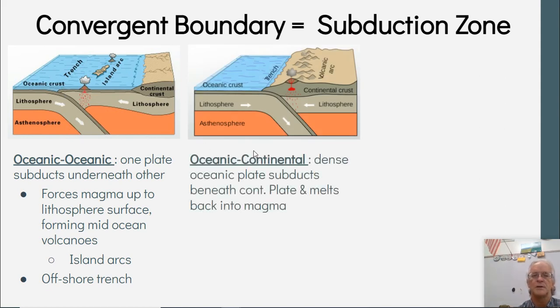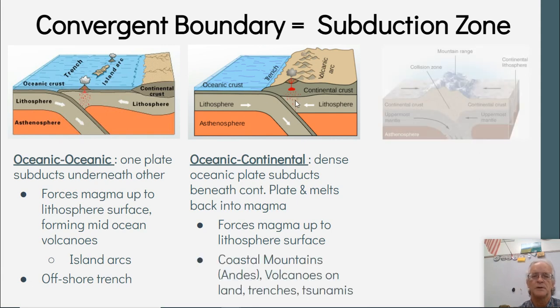An ocean-continental boundary is where it comes in, goes underneath, and melts when it gets back down there. It goes back up to the lithosphere, and it forms mountains, volcanoes like Mammoth, and trenches. Also, when it goes under, it will have earthquakes, and it can have huge tsunamis.